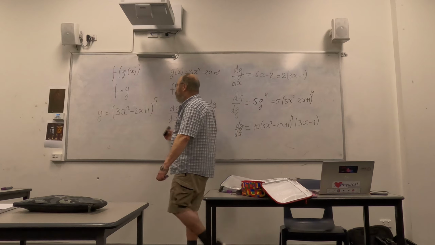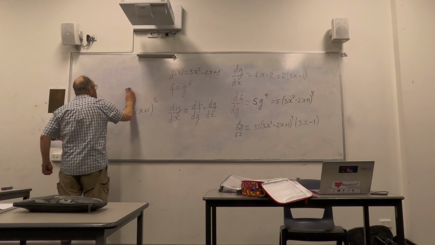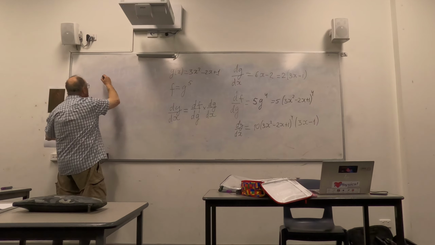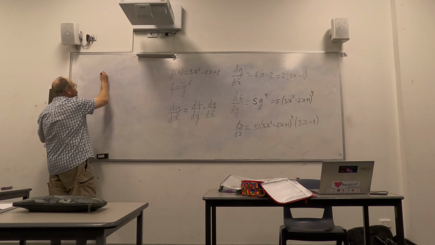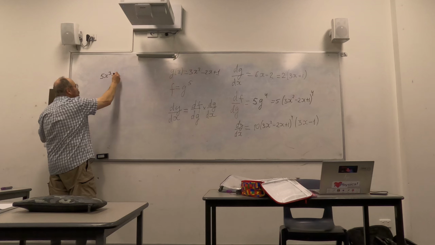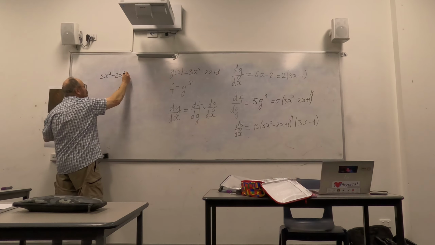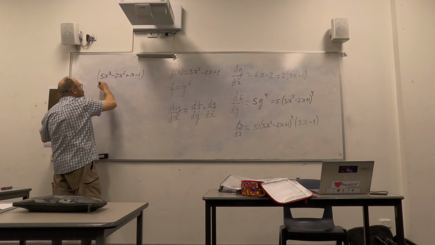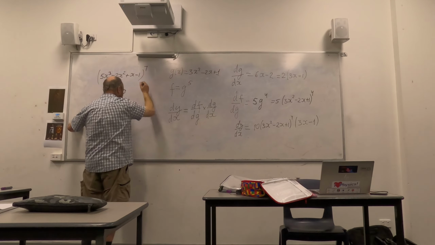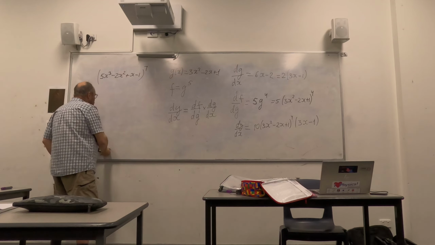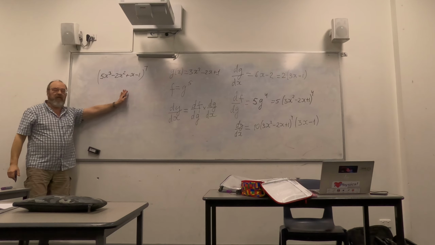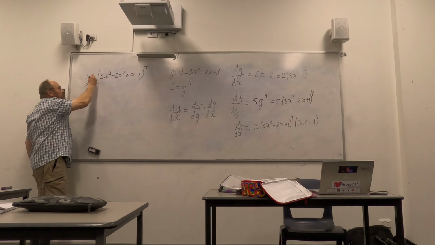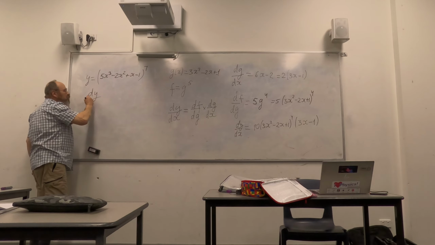A couple more examples. Let's consider the next function: 5x cubed minus 2x squared plus x minus 1, in the power of 7. What will be the derivative of this function? Let's say this is y, and we find dy over dx.